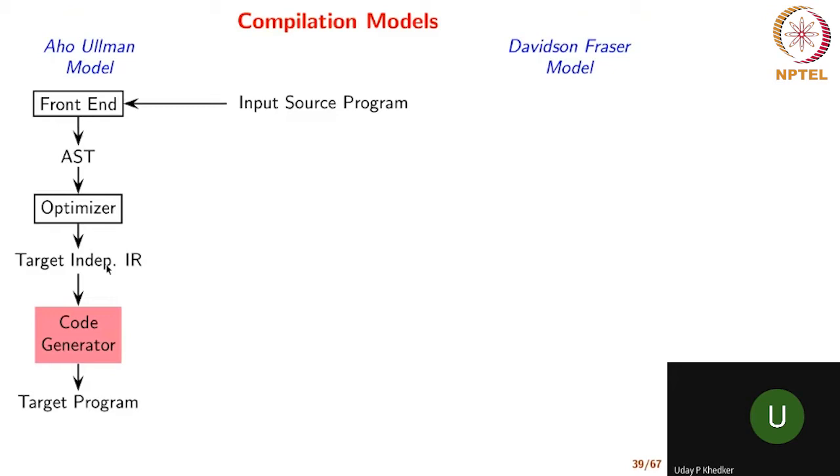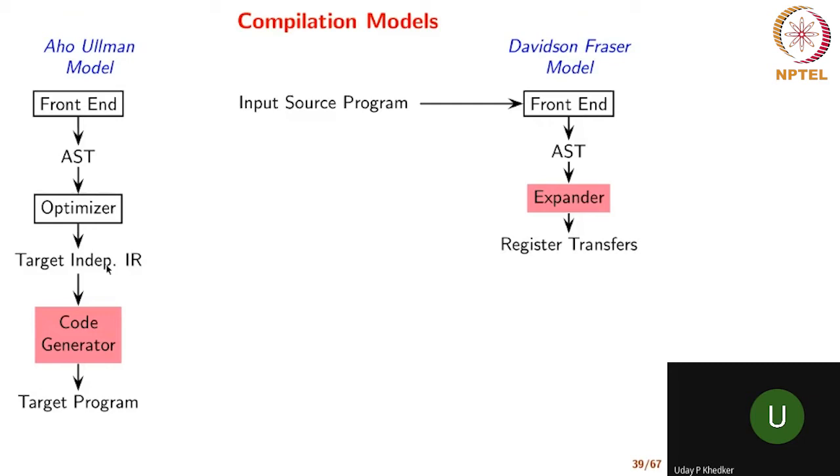The Davidson-Fraser model, proposed in Topla's paper in 1984, does something different. It has a front end which produces an AST, and then it has something called an expander, and this is where GCC had its original ideas, where the AST will directly be linearized into what is called a register transfer language, or RTL.